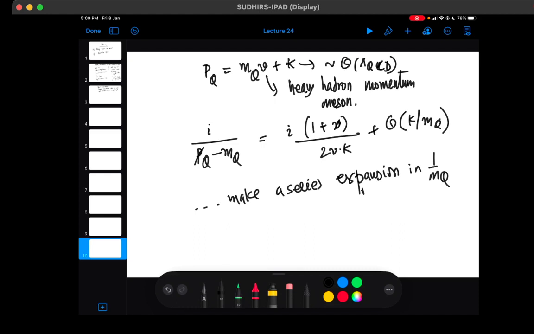So you can use that information and do an expansion in terms of the heavy quark mass. So this is again an effective theory, and this is called heavy quark effective theory.